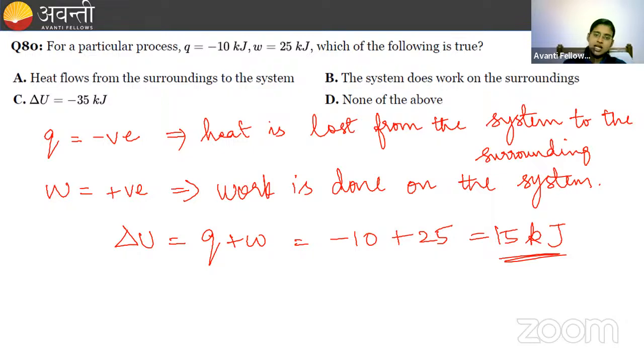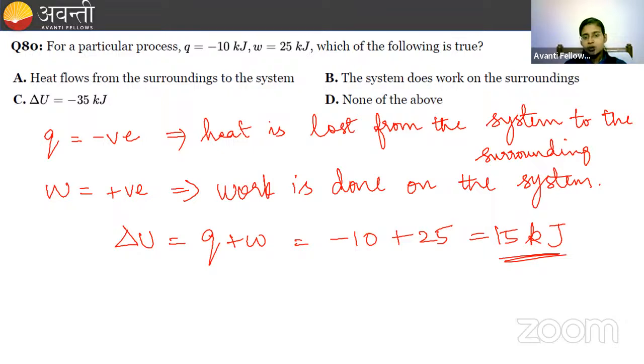Now let's check the options. In option A, heat flows from surrounding to system. No. Heat is flowing from system to surrounding, so it is incorrect. Option B says the system does work on the surrounding. No. The surrounding is doing the work on the system.